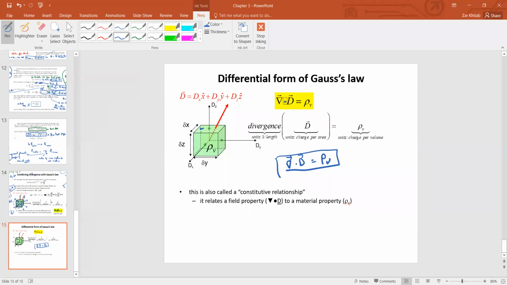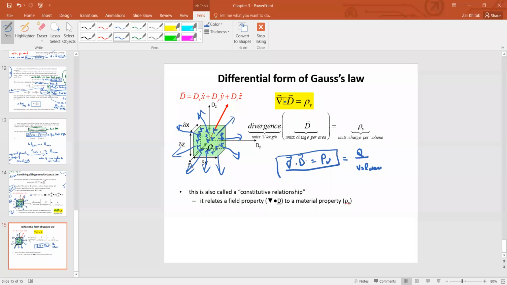It just tells us how much charge is there in a certain volume, and then how much field is diverging out of or into that volume.